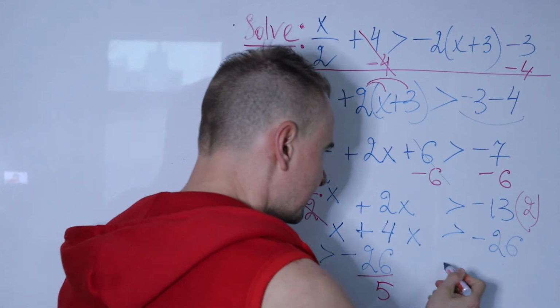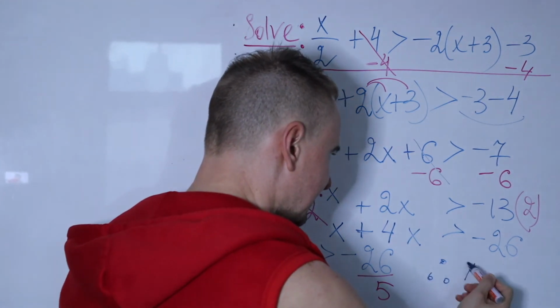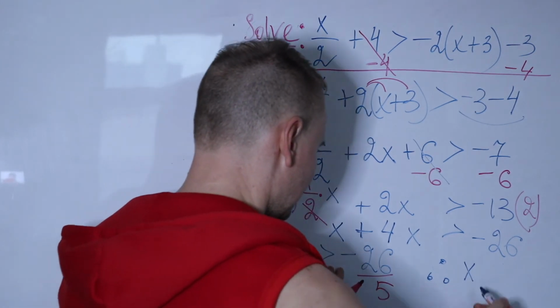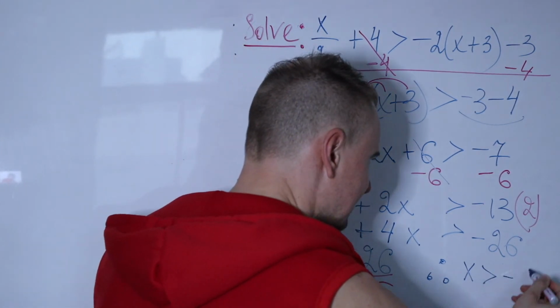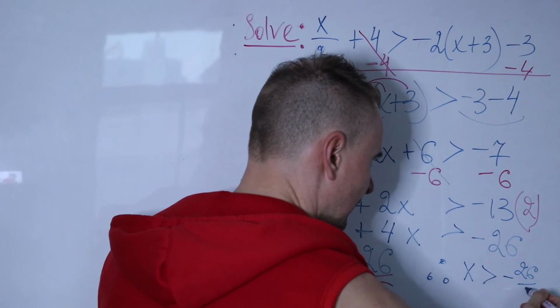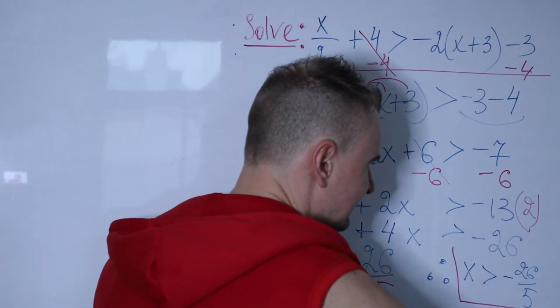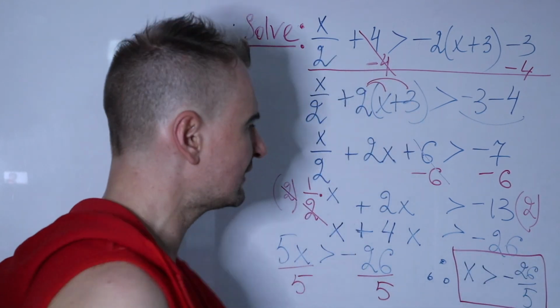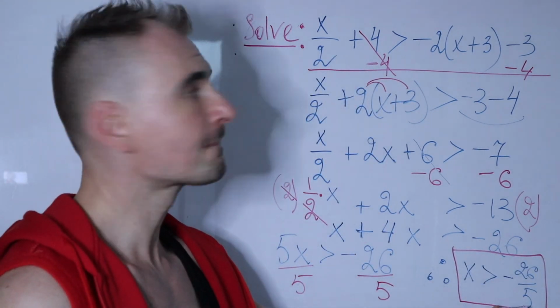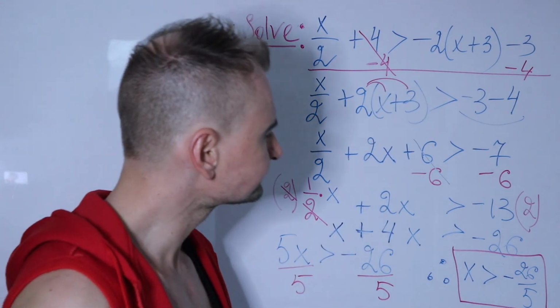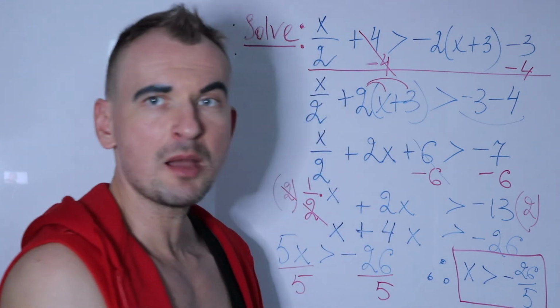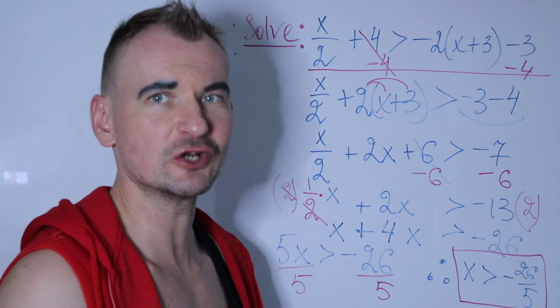You would end up with x greater than negative 26 over 5. So this is your solution set. This is your answer for that inequality problem. I hope it helps you and trains your brain.